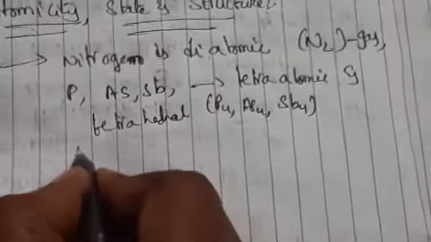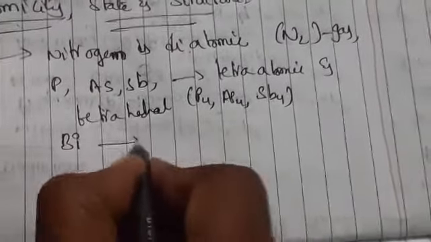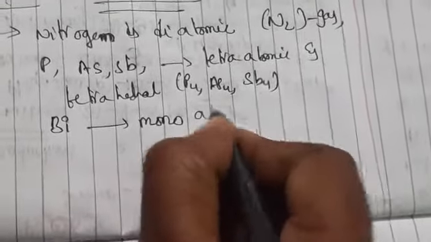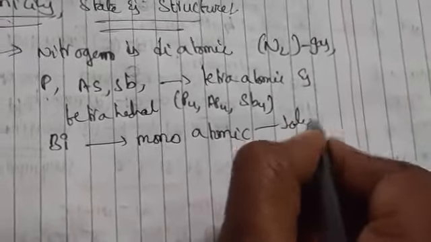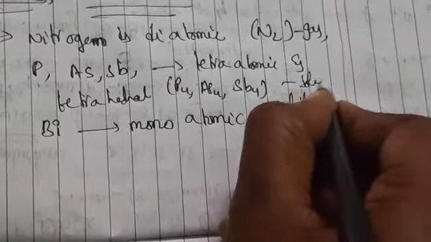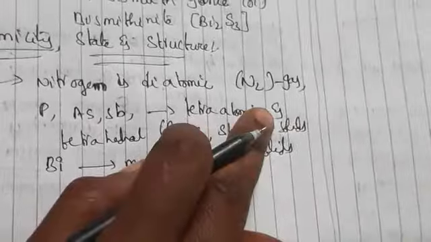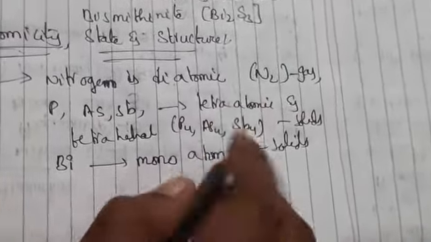So the 4 indicates tetra. And coming to bismuth, bismuth is monoatomic. These are solids. Nitrogen is a diatomic gas, the remaining are all tetrahedral or tetraatomic solids, and bismuth is a monoatomic solid.